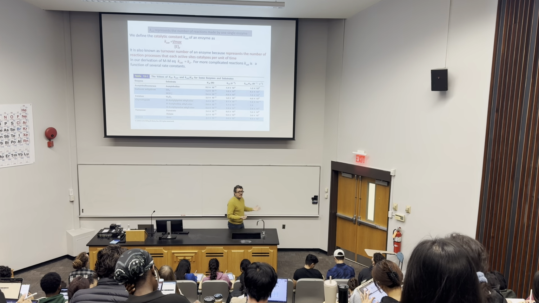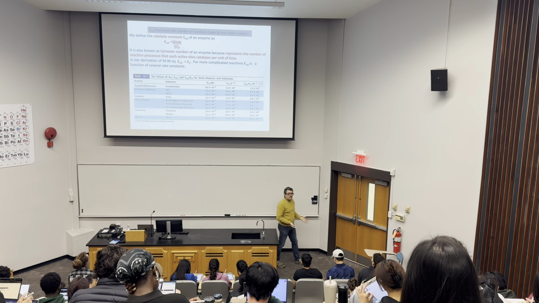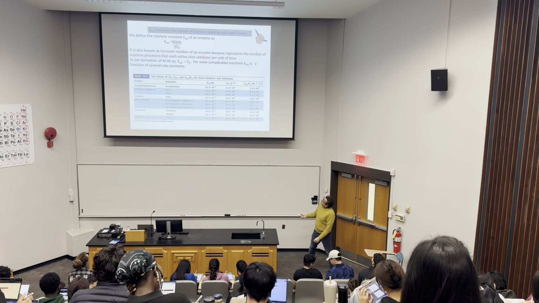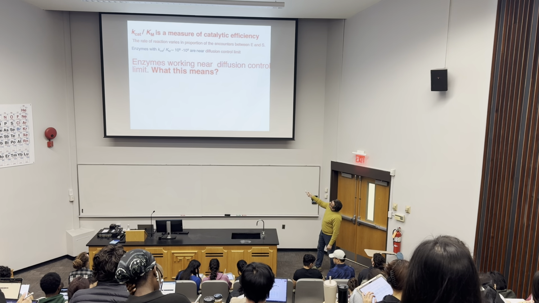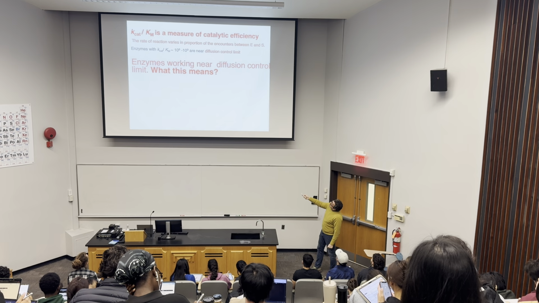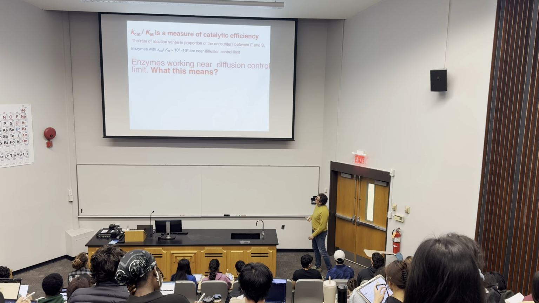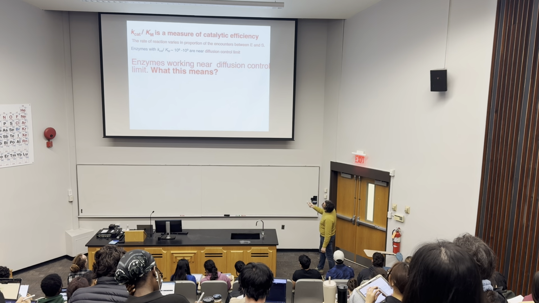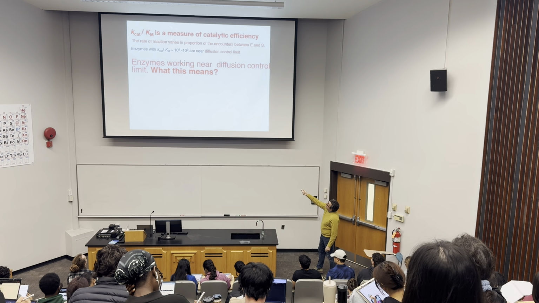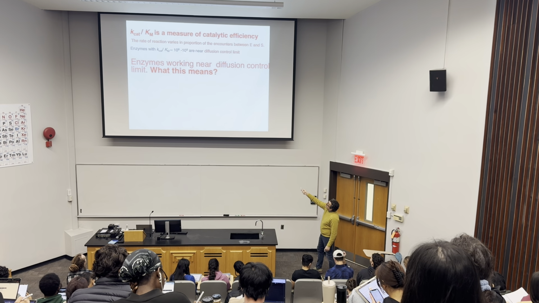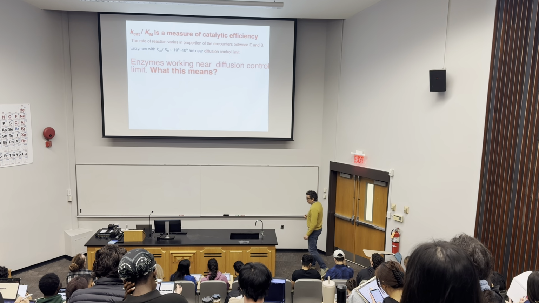So the rate limiting step is only the diffusion of the substrate itself. Enzymes can work near diffusion control, and in that example the enzyme is TIM in glycolysis. That happens when this ratio is like 10 to the power of 8, 10 to the power of 9.